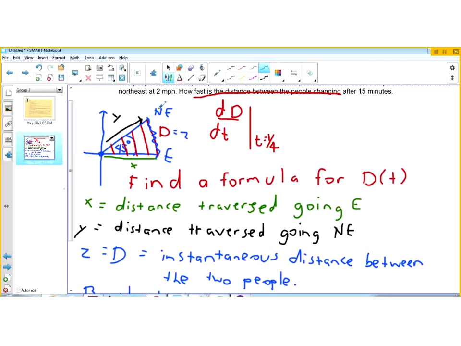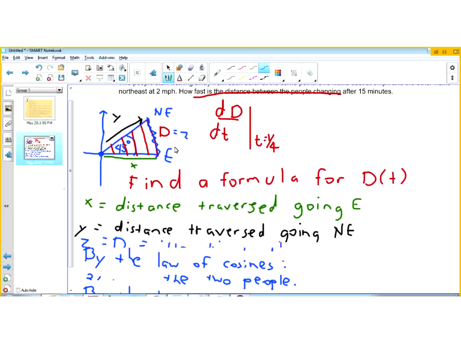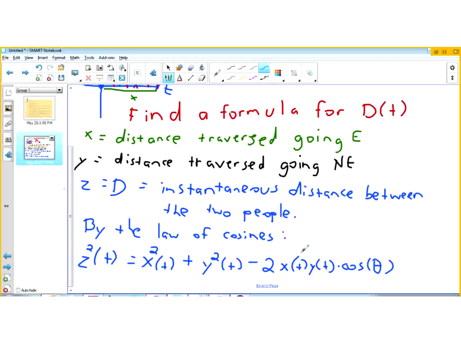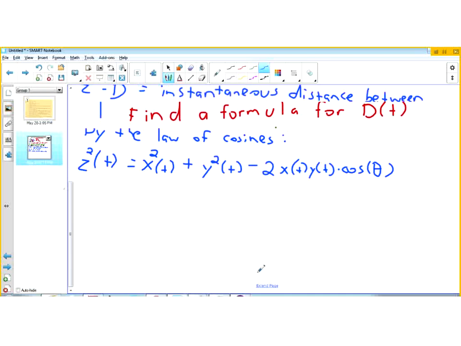The northeast trajectory and the eastward trajectory are separated by a 45-degree angle. So far so good.